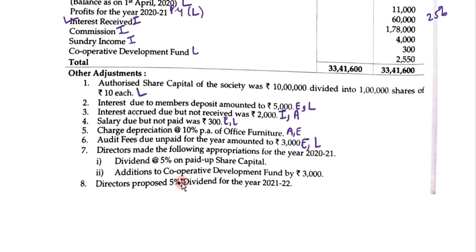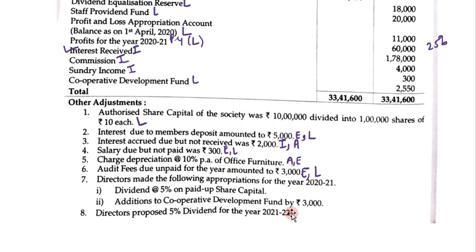Next is addition to cooperative development fund. So the first effect will come in liabilities and the second effect in liabilities only. So addition to cooperative development fund, tick mark. On cooperative development fund there is an adjustment, and directors propose 5% dividend for the year 2021. Same, in liabilities only we have to do this adjustment.